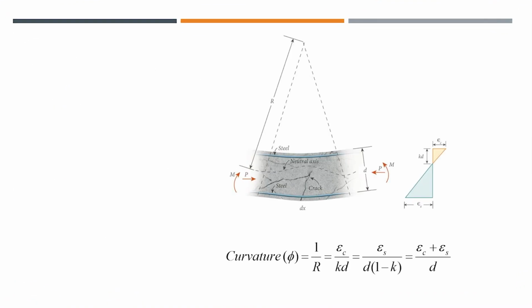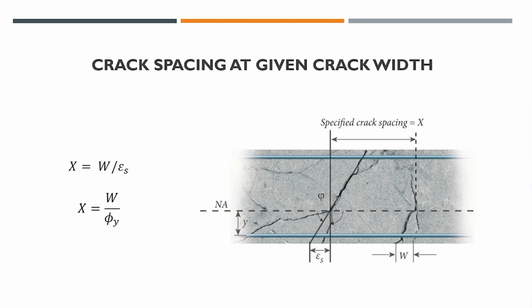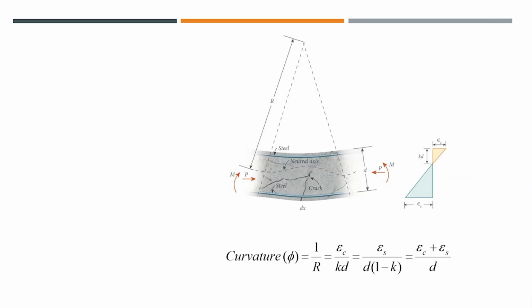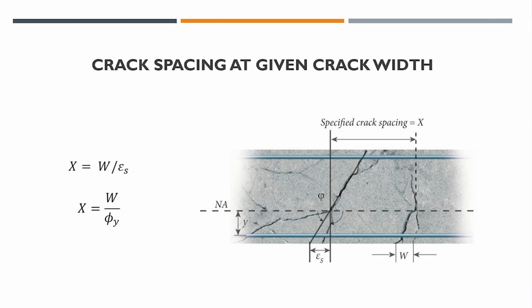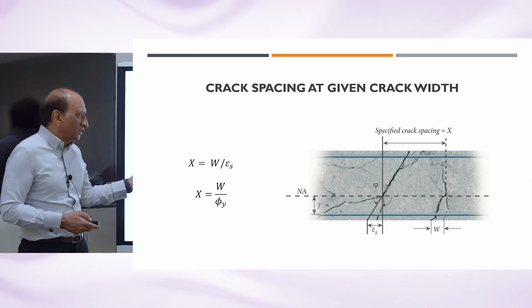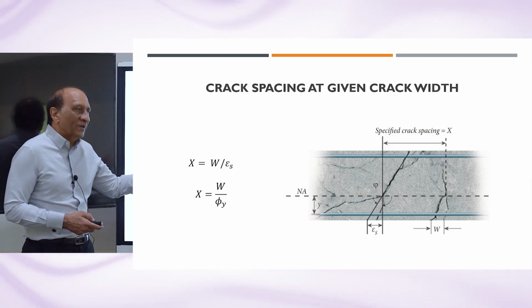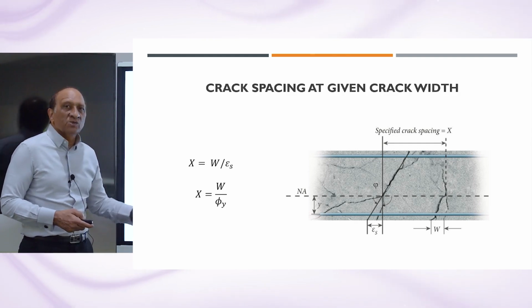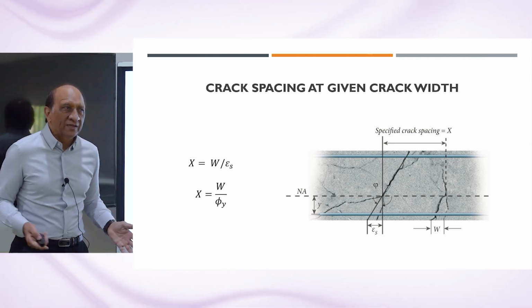So coming back to this one, from that you can also get the crack spacing because it's related to strain. Strain can be multiplied by a distance, and we can get crack width. So if we specify the crack spacing, we can get the crack width, or we can specify the crack width and get the spacing, and the other way around, width versus spacing and spacing versus width, because the strain is available at every curvature level.